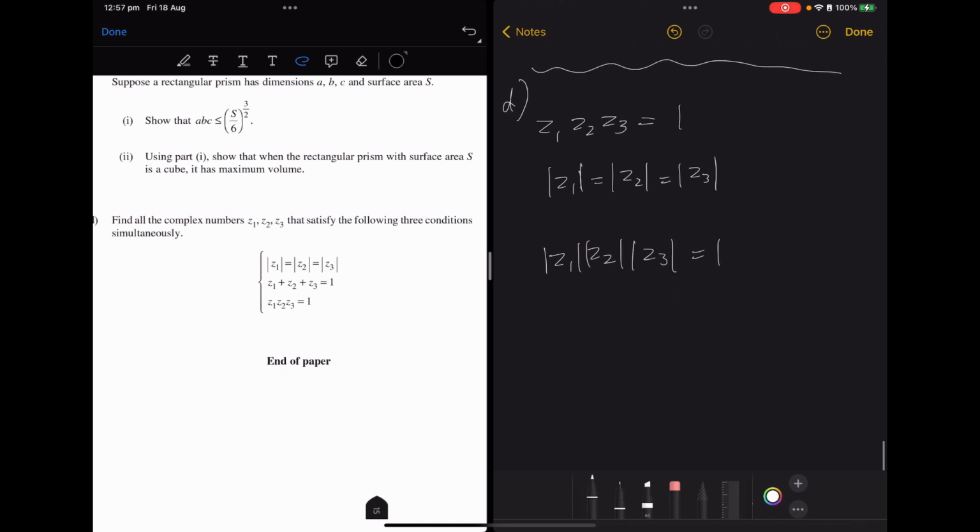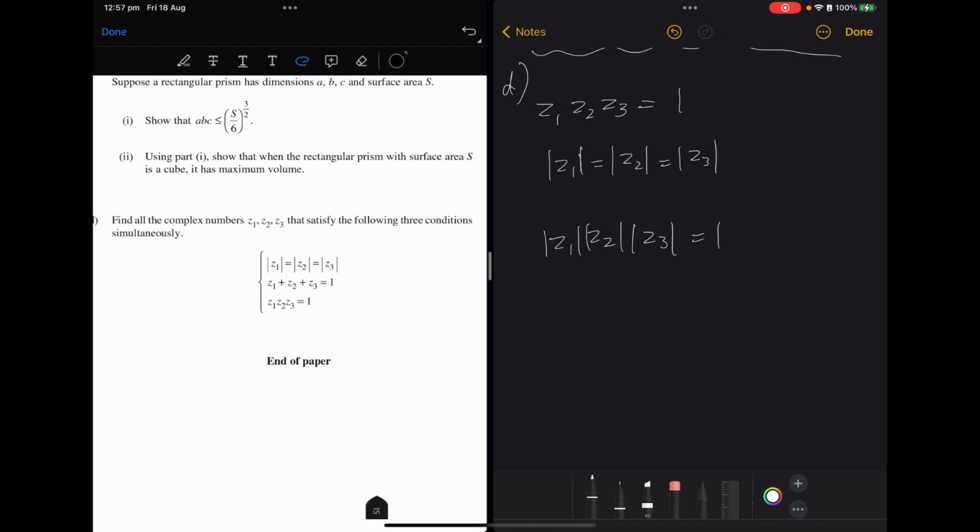And therefore, they all have a modulus of 1. So all the moduli will be equivalent to 1.